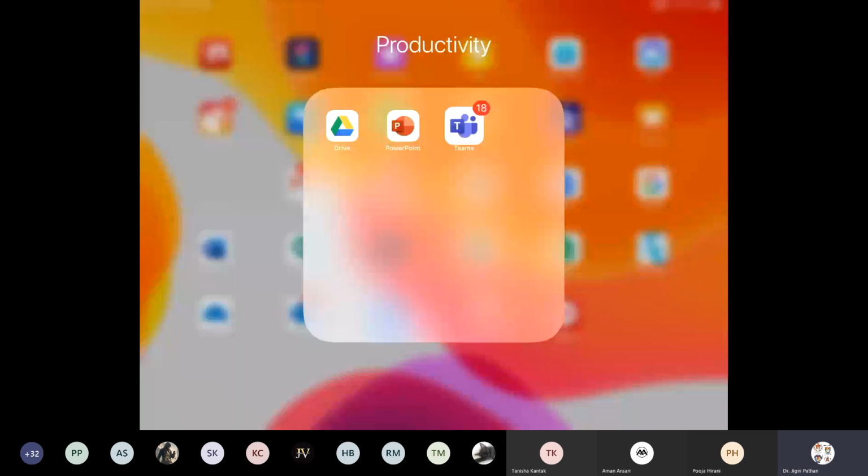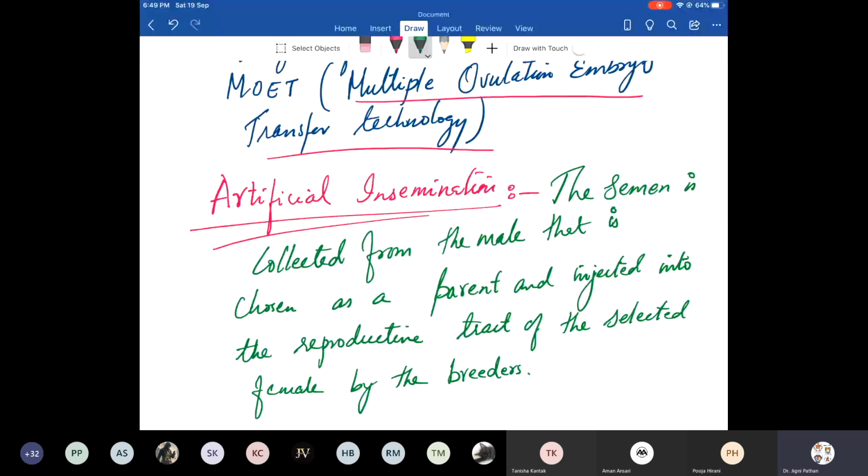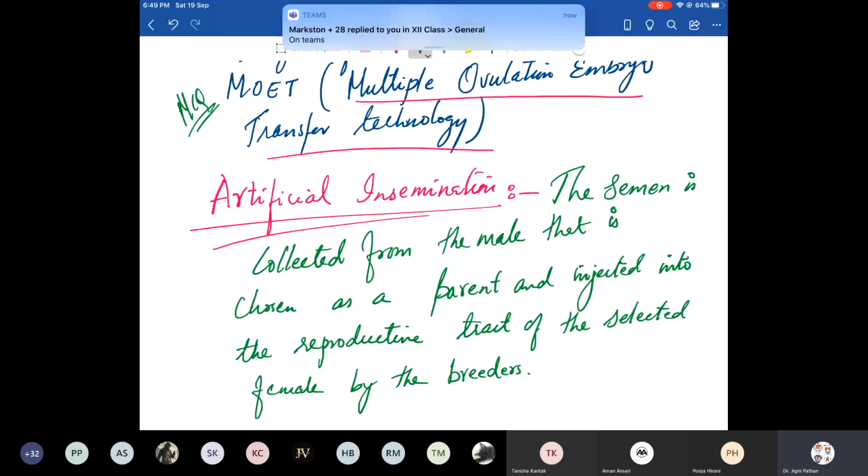Okay. So next we are going to discuss MOET. The full form is important. MCQ question. What is this? A program for herd improvement. Herd means, I hope everybody knows, a group of cattle, right?